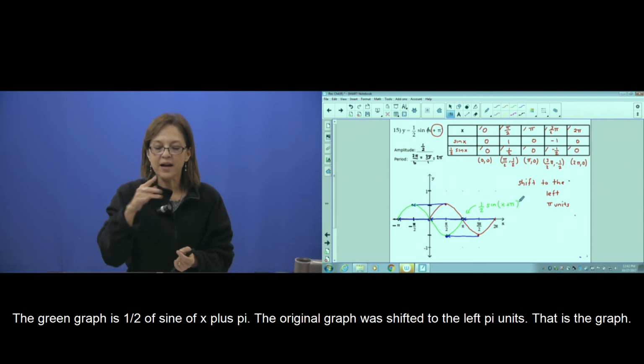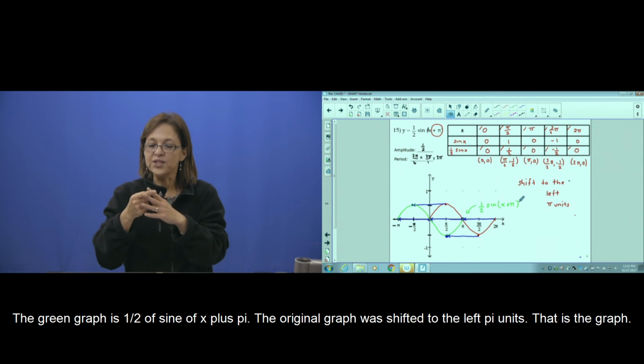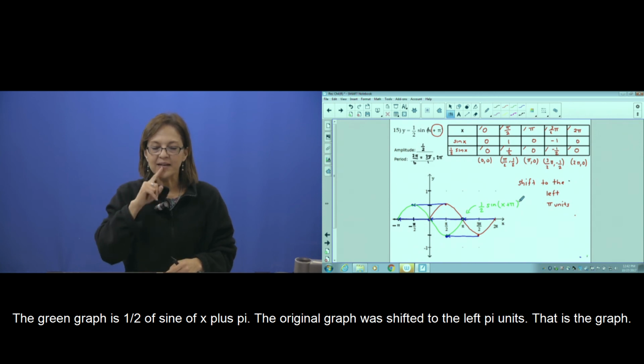The green graph is 1/2 of the sine of x plus pi. The original graph was shifted to the left pi units. That is the graph.